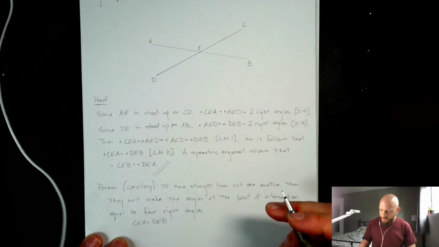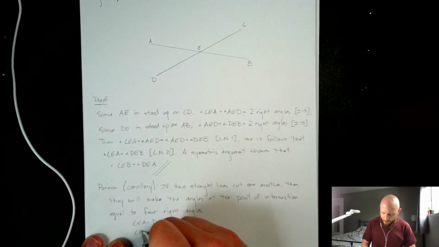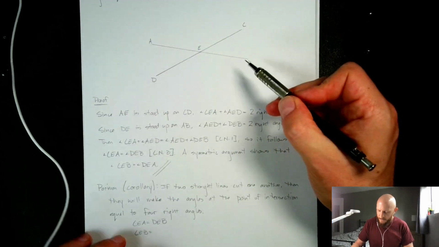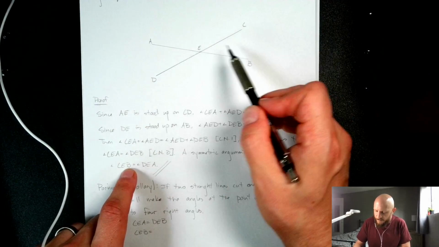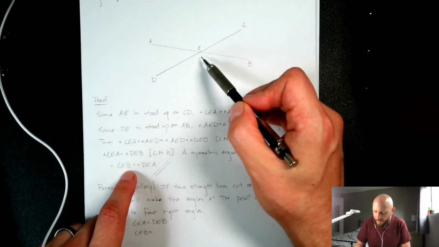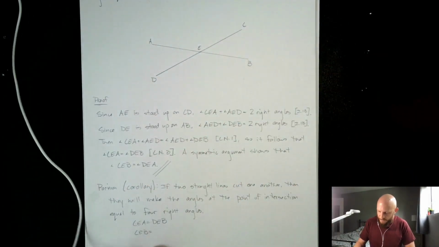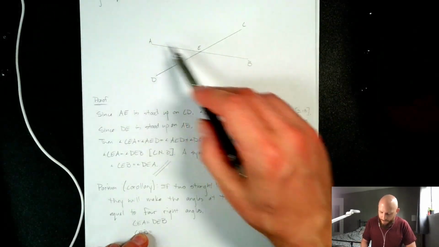Also that CEB equals, oh, so I guess I did prove the left and right ones. For some reason I thought I was doing the top and bottom ones, but it was the left and right ones. I said that earlier in the video. In any case, nothing changes. CEB equals angle DEA.